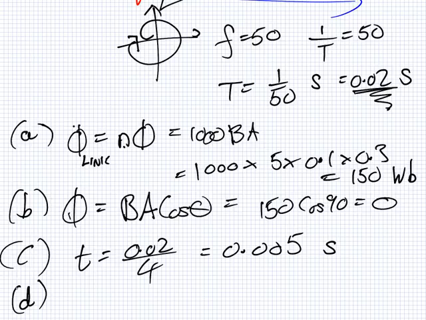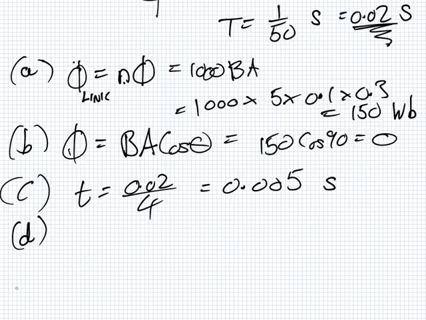Lastly, D, I don't even need to look, I know what I'm going to ask you. It's what is the voltage that's induced? Now please, for goodness sake, actually listen to me this time.